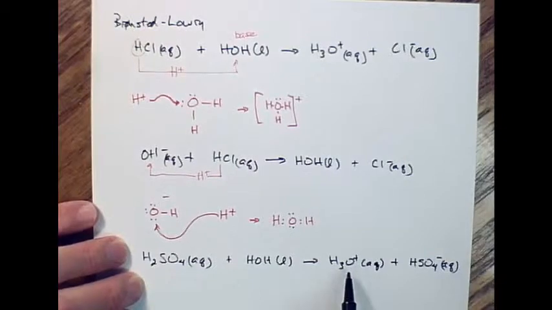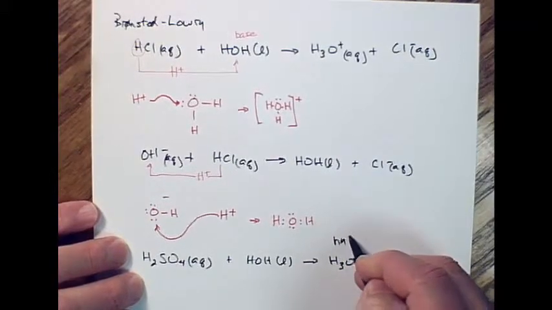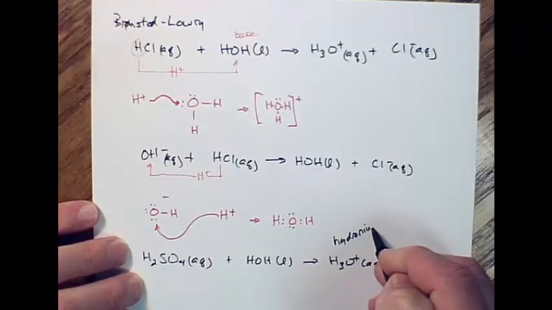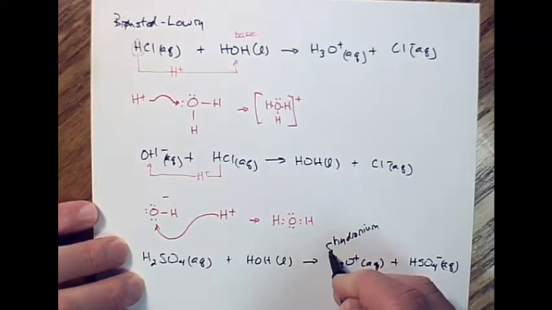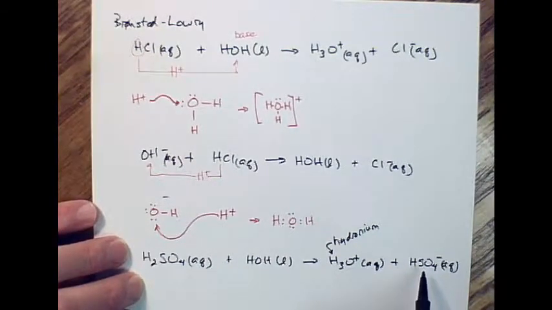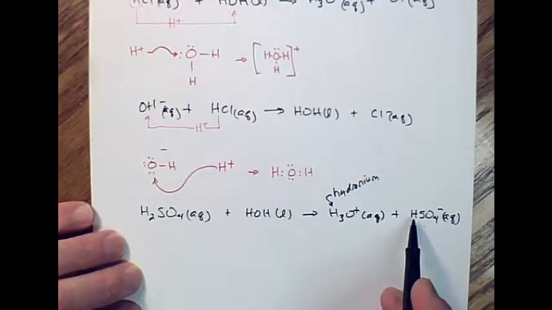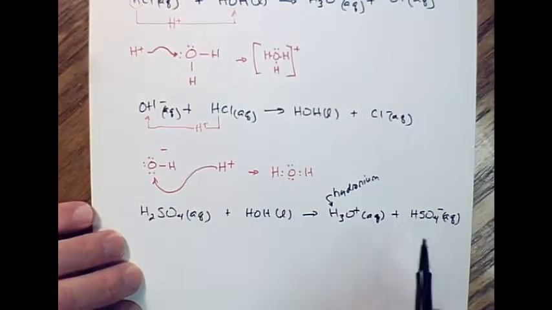Now you need to know the name of this. This ion right here is called hydronium. It's a special name we have for this. Okay? Then this becomes a new acid in the sense that it's going to lose this hydrogen. It's going to dissociate that hydrogen.